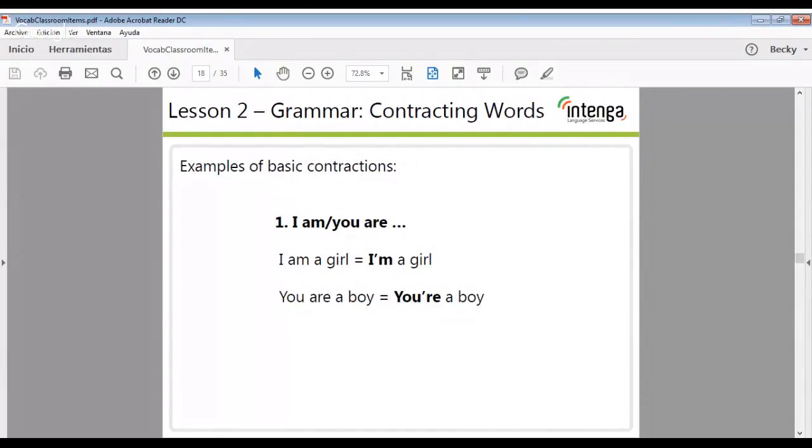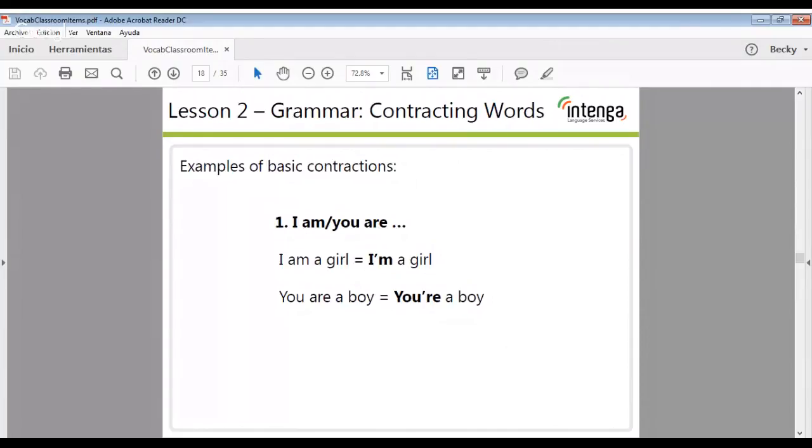Do you have any questions or anything, Ken? You are a boy and you're a boy, maybe the pronunciation is the same, right? You are a boy. You're a boy. Okay, yeah, it's the same. Your is the same pronunciation as you're. It's Y-O-U-R and Y-O-U apostrophe R-E.